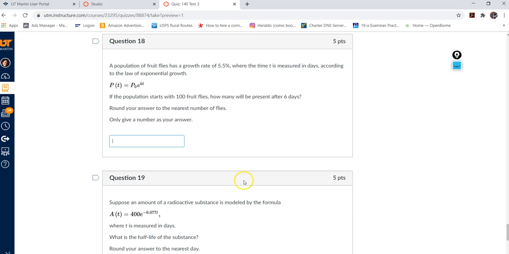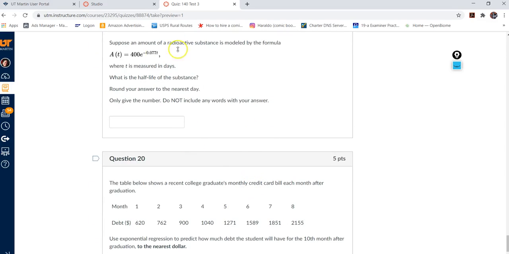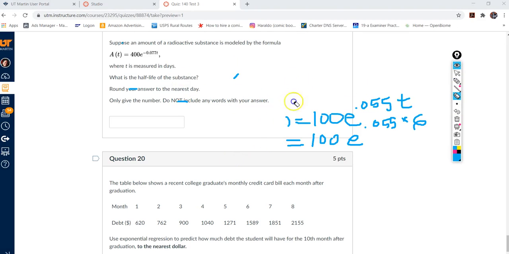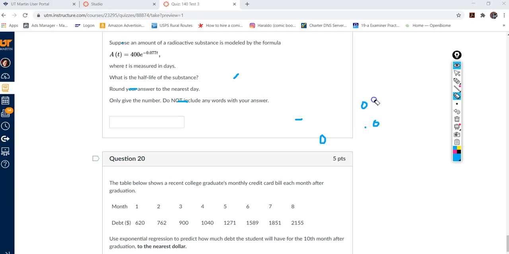So 139 is what we should have here. A radioactive substance is modeled by this formula, where T is measured in days. What is the half-life? So if we're asked for the half-life, what that means is we have to find the amount of time.